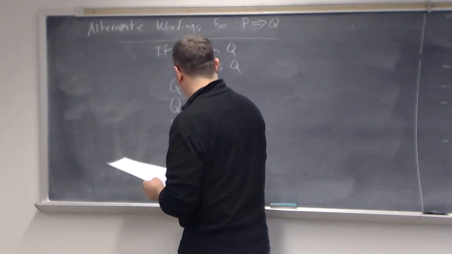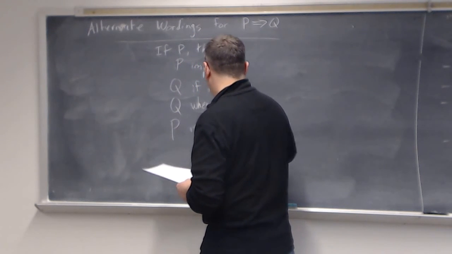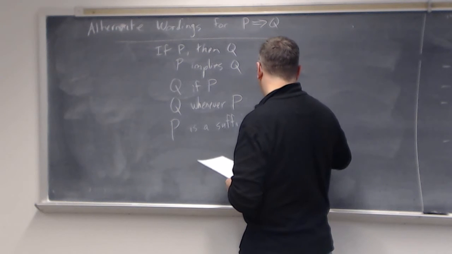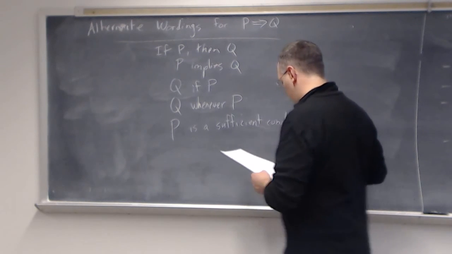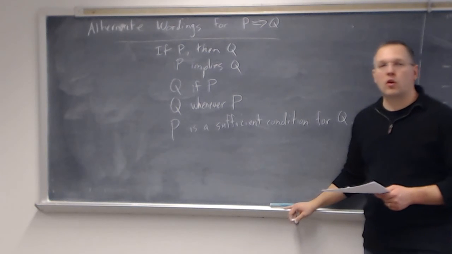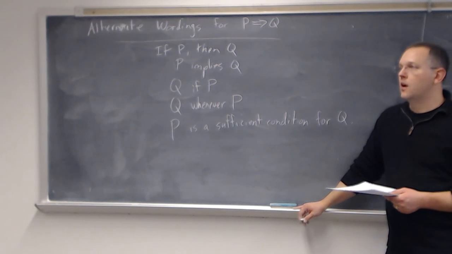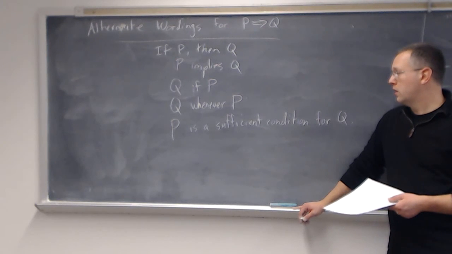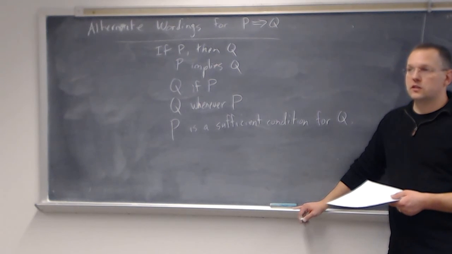P is a sufficient condition for Q. Okay, we're getting more technical here, and you do see these kinds of phrases in math literature. P is a sufficient condition for Q.